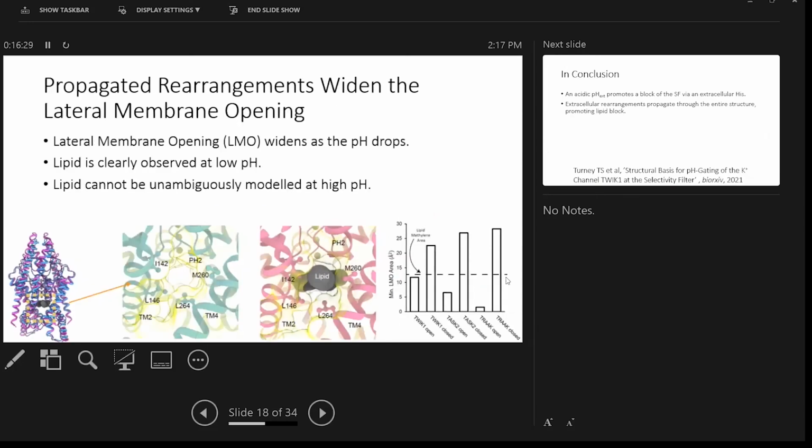So essentially, this intracellular lipid is accessing underneath the pore through a lateral membrane opening that connects to the intracellular leaflet of the phospholipid bilayer.